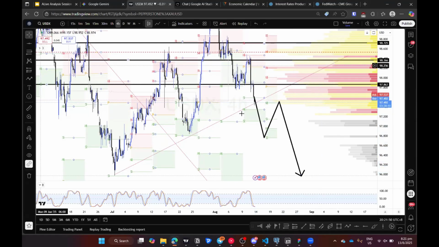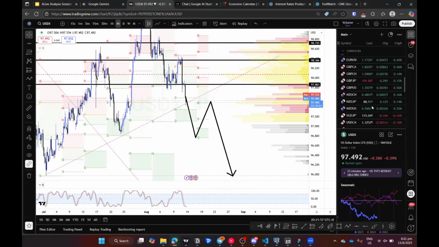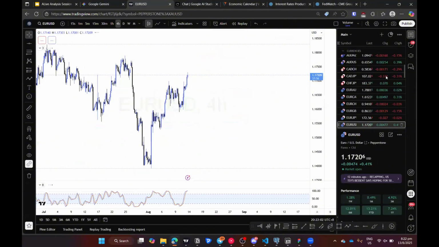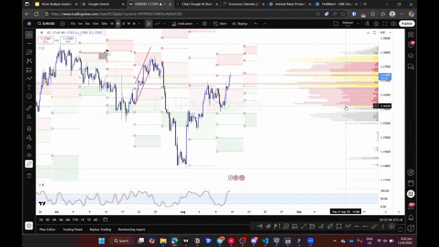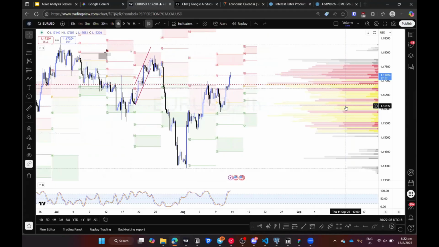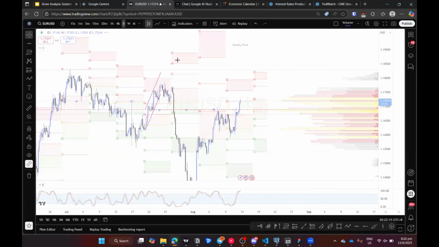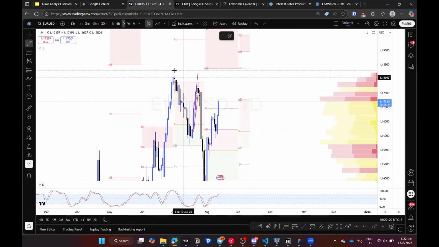So just now I was talking about the inverse relationship DXY has with your euro dollar. So you want to look at euro dollar. Same thing, you're going to have the inverse relationship.